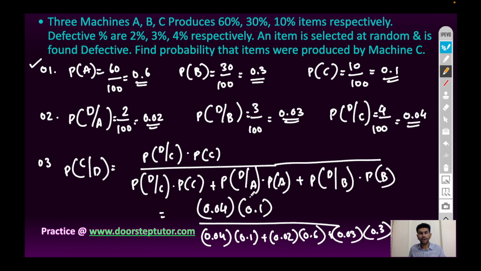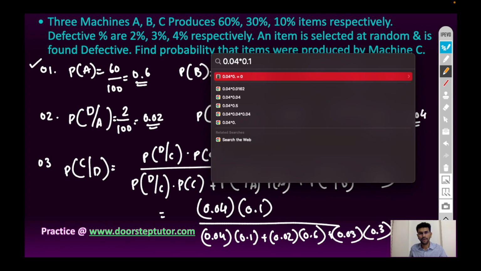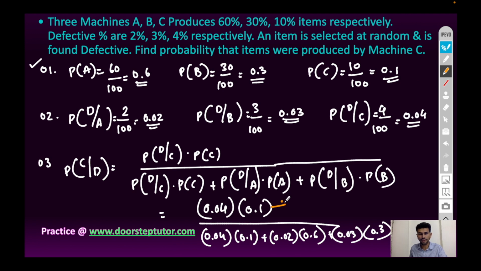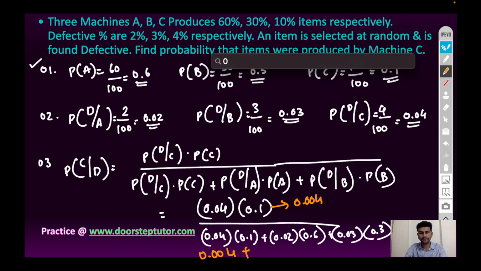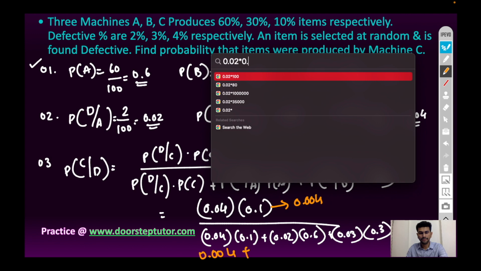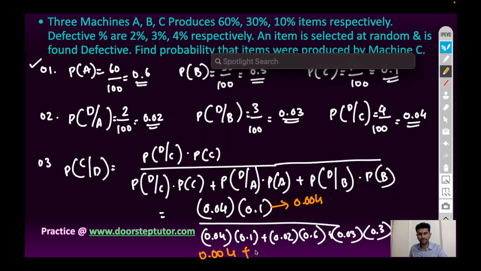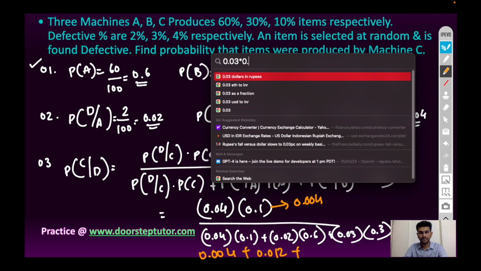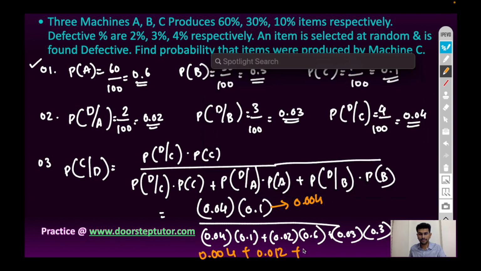Now 0.04 into 0.1 is 0.004. So 0.004 divided by 0.04 into 0.1, that is 0.004, plus 0.02 into 0.6, which is 0.012, plus 0.03 into 0.3, which is 0.009.